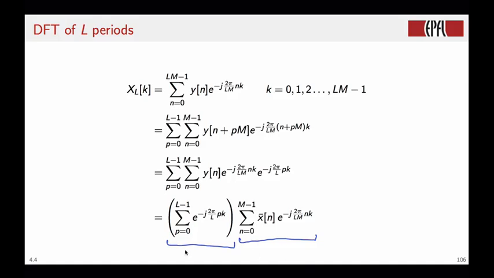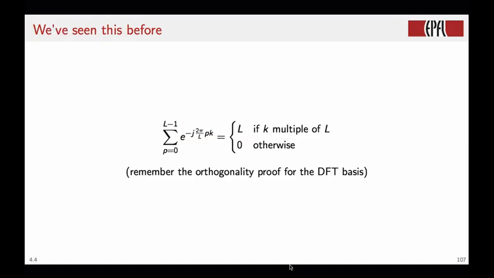But now this guy here we've seen before. This is exactly the same formula that we used to prove the orthogonality of the DFT basis. And so we know that this sum will be equal to big L if k is a multiple of L, or 0 otherwise.